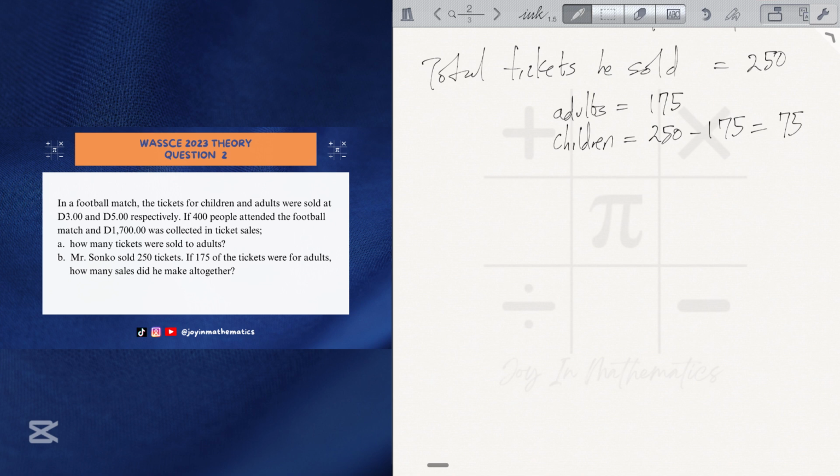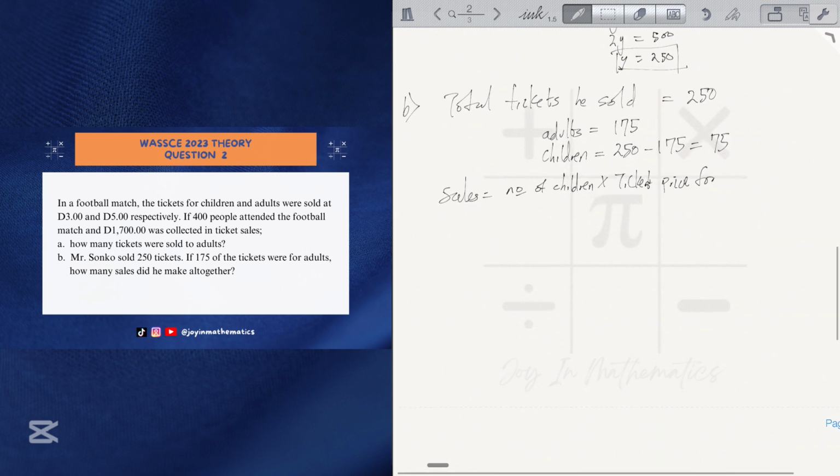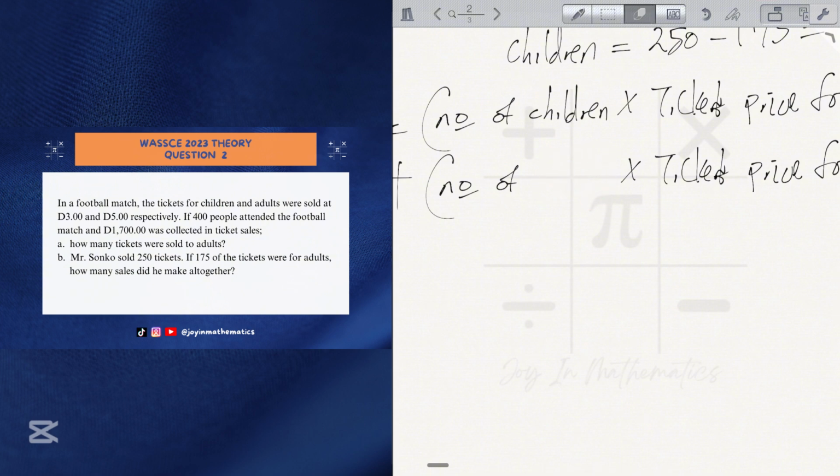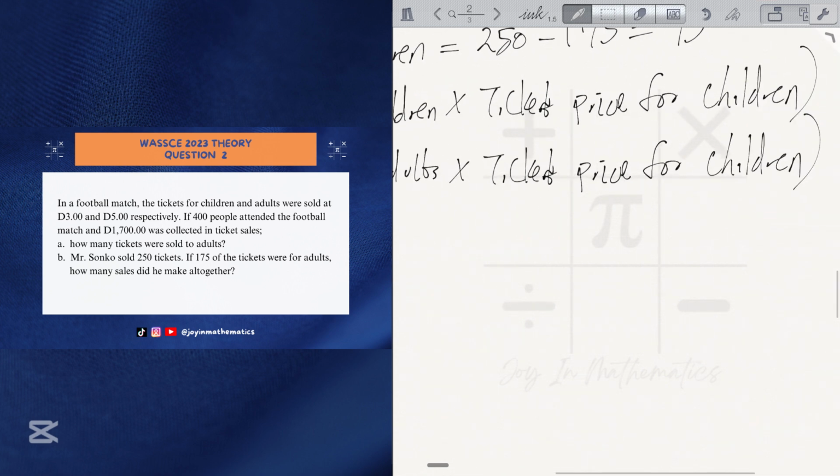Now, how much sales did he make altogether? Sales will be equal to the number of children multiplied by the ticket price for children, plus the number of adults multiplied by the ticket price for adults.